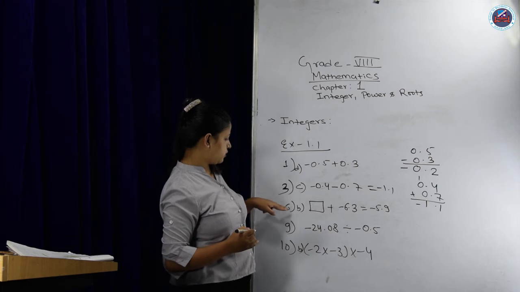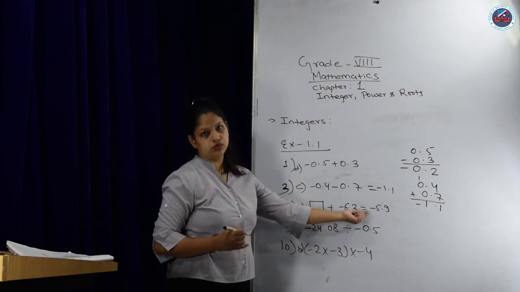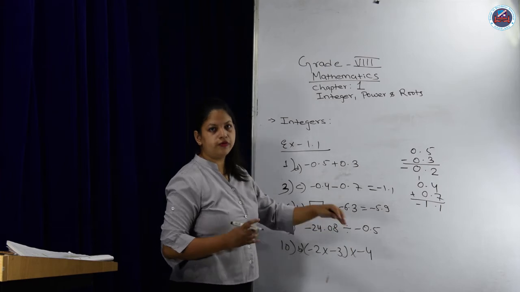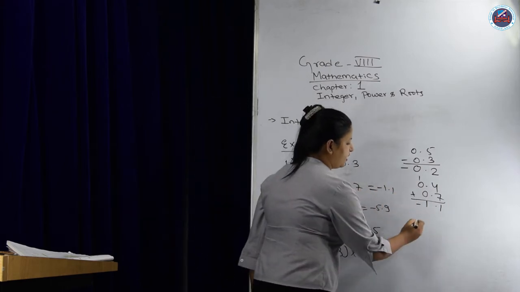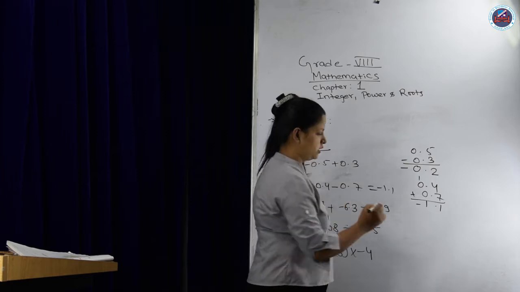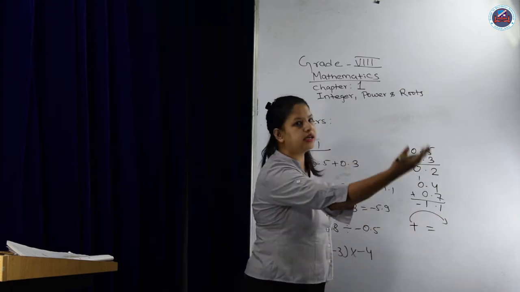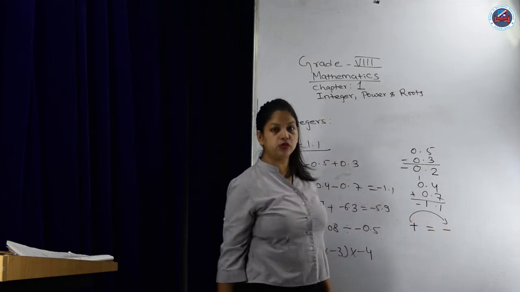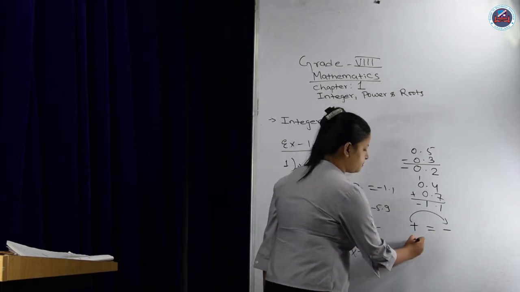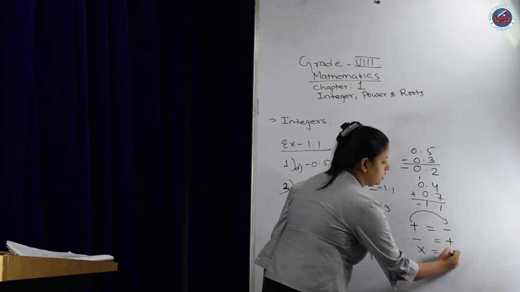And similarly, if you check question number 6b, there is an equal sign. If there is an equal sign, a different rule comes up. If you want to find the value and there is a plus on one side, when you send it to the other side of the equal sign it becomes minus, negative. It will change the sign. And if it's minus, it will be plus. If it's multiplied, it will be divided.